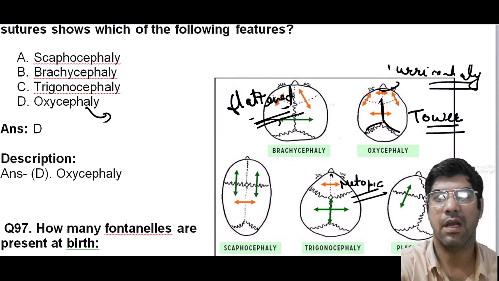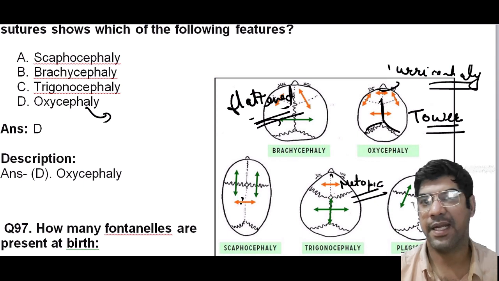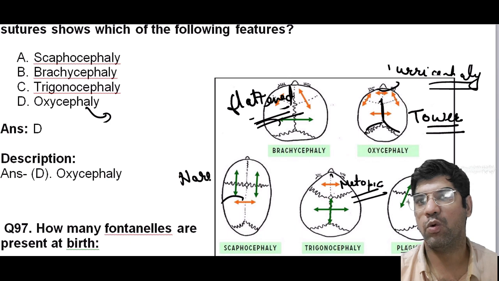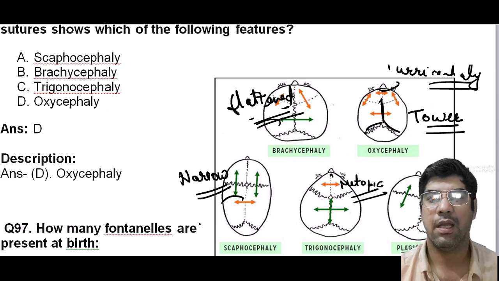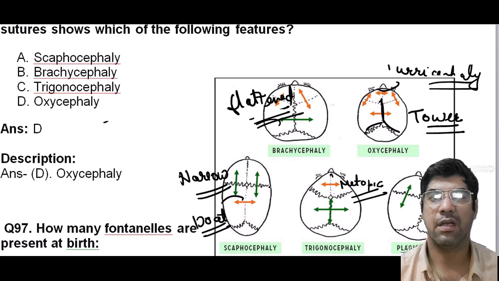Scaphocephaly means dolichocephaly. That leads to a narrow or boat-shaped skull, where the sagittal suture that runs along the top of the skull fuses prematurely.